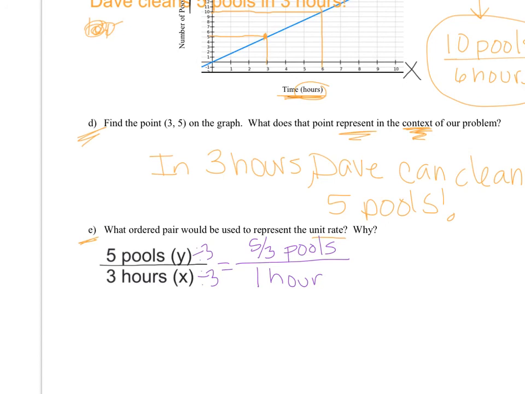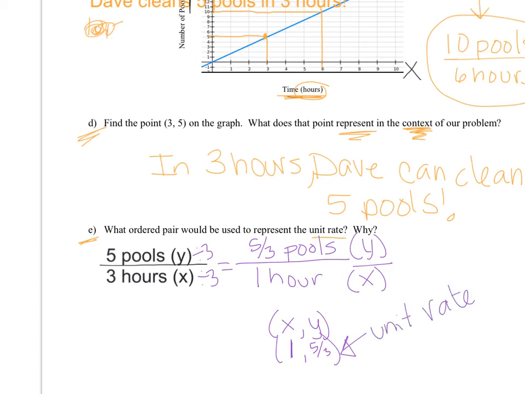Okay, so that is our unit rate. But what would that look like as an ordered pair? Well, remember we have y over x, right? Always y over x. And an ordered pair is x comma y. So now I just have to substitute here. My x value is 1. My y value, 5/3. Okay, so this is our unit rate as an ordered pair.